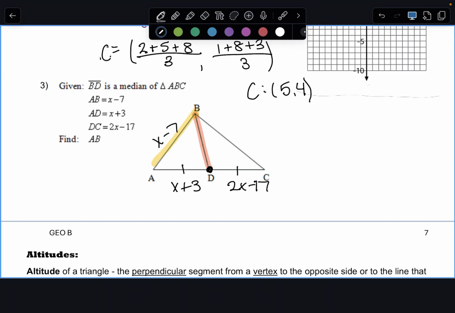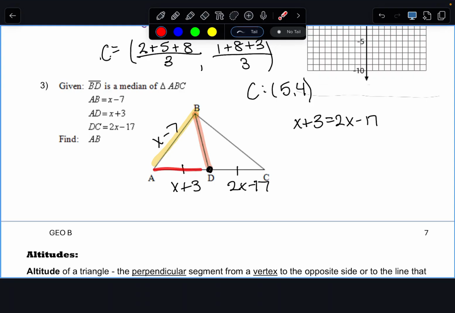So if these two segments, AD and DC, are congruent, what should I do with the x plus 3 and the 2x minus 17? If these pieces are the same, they're congruent. When things are the same in math, we set them equal. So x plus 3 is equal to 2x minus 17.